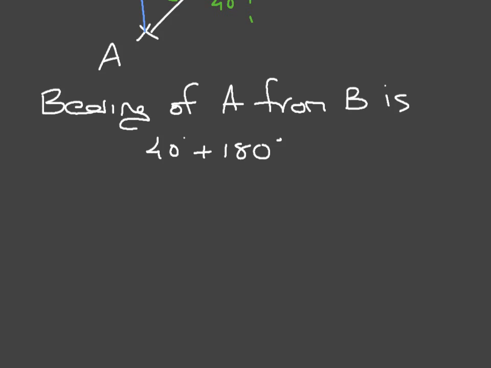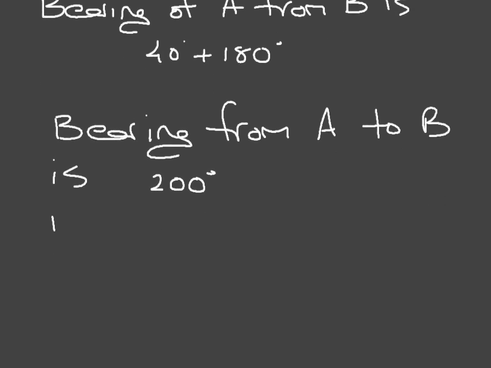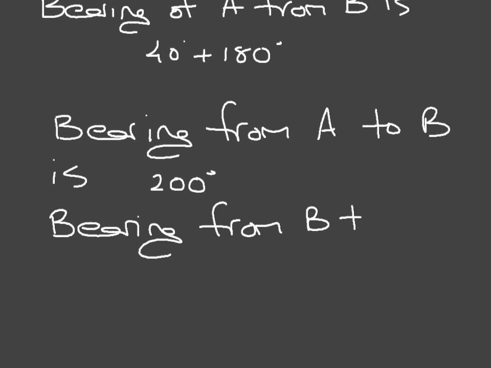Let's say, for argument's sake, that the bearing from A to B is 200 degrees. Then in this case, the bearing from B to A will be this. We can use the same method again.